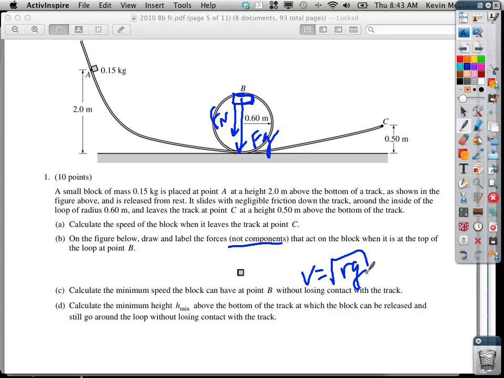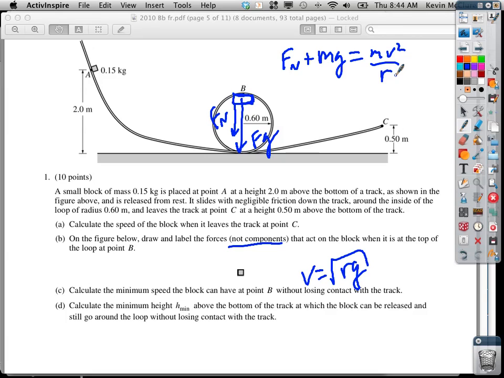You use the force diagram. Because what is the sum of the forces on that thing? Anything in the universe that moves in a circle, the sum of the forces is what? mv squared over r. So you know you're going to get Fn plus mg equals mv squared over r.